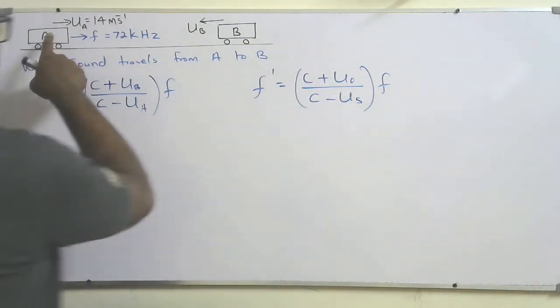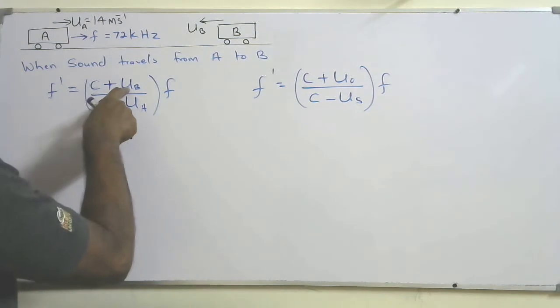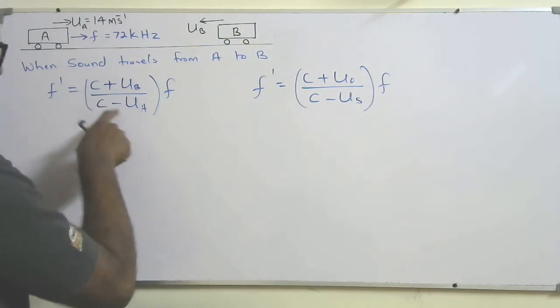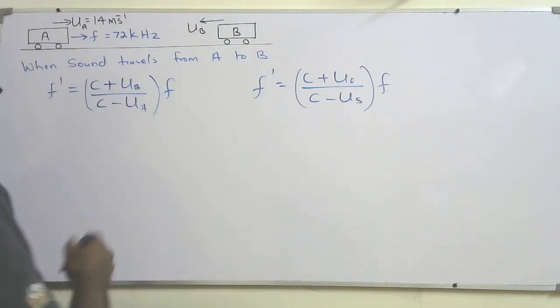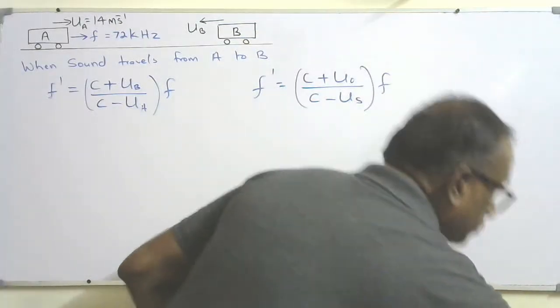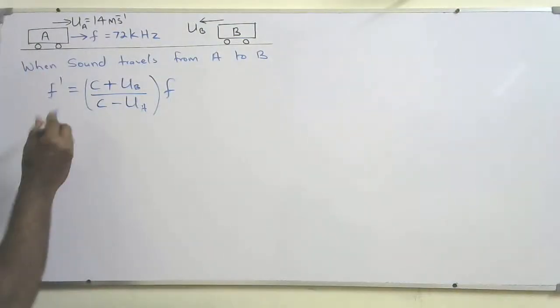Here, when the wave travels from A to B, B is the observer and A is the wave source, so f dash equals C plus UB over C minus UA times f.